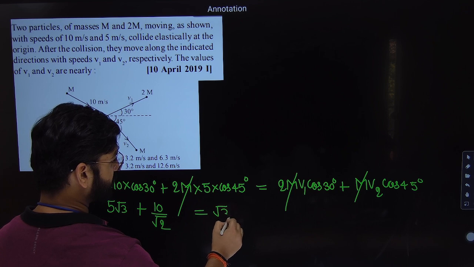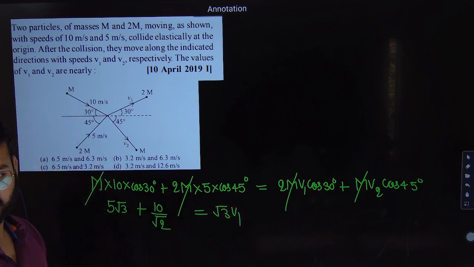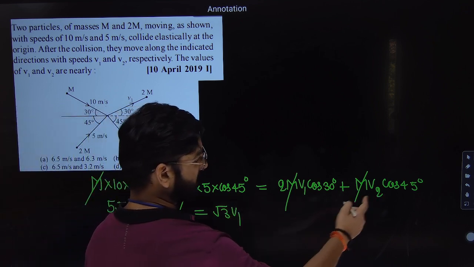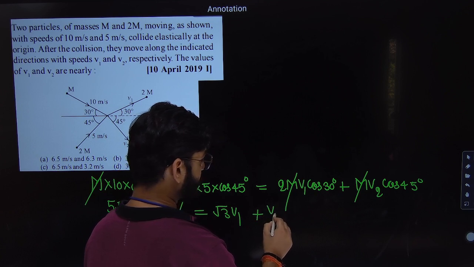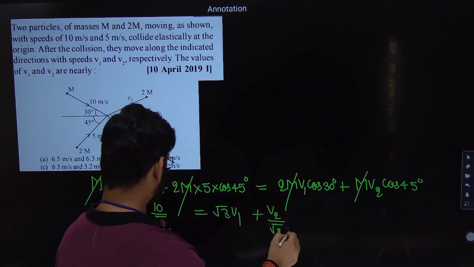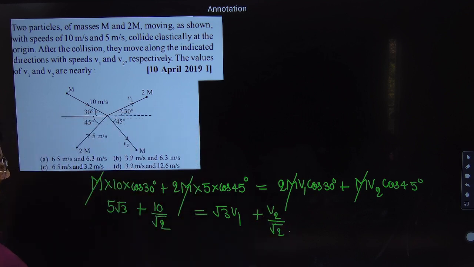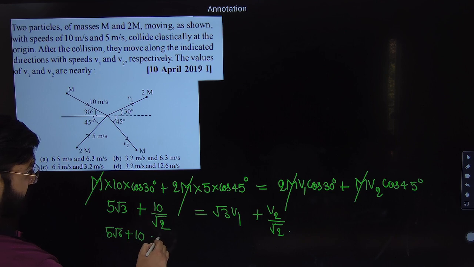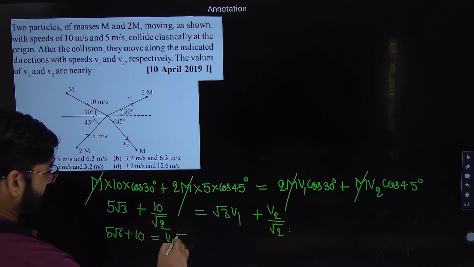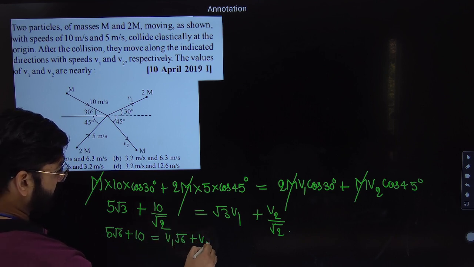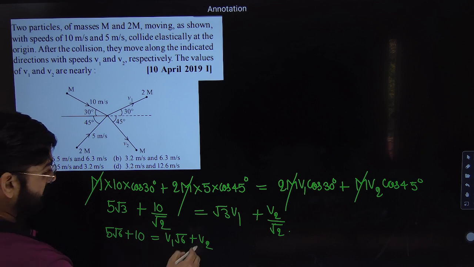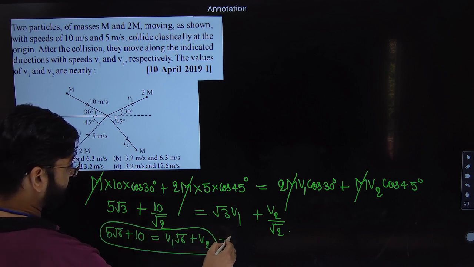It will be root 3 v1. Then cos 45 v2 by root 2. So you can take LCM. So this becomes what? 5 root 6 plus 10 equal to v1 root 6 plus v2. Root 2 will get cancelled. This is the first equation.